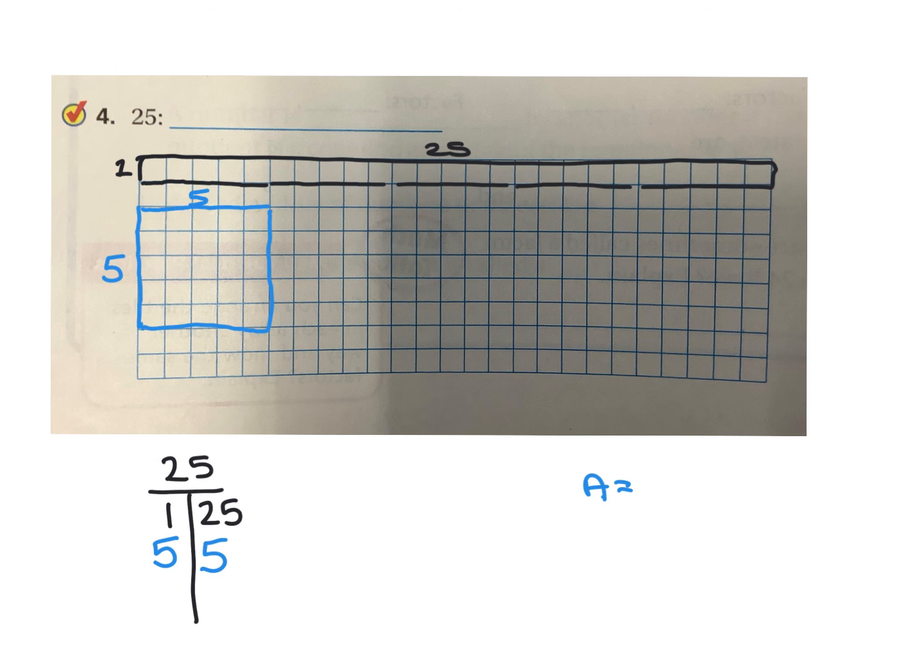You would take the length and multiply it times the width. The length is 5, so it would be 5 times the width, which is 5. And you would say, oh, the area is 25 square feet. Square feet, okay? So that would be how you find the area.